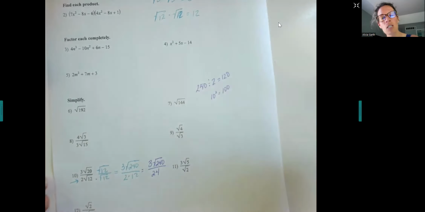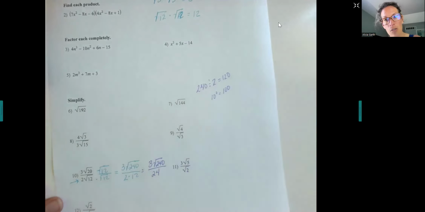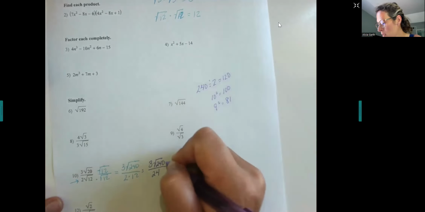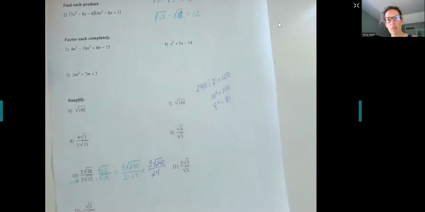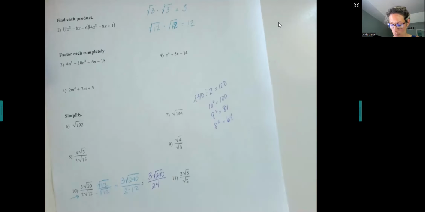So my perfect squares that start below 120 are 10 squared, which is 100. That does not divide evenly into 240. 9 squared, which is 81, again does not divide evenly into 240. 8 squared is 64. I'm pretty sure that also does not divide evenly into 240.